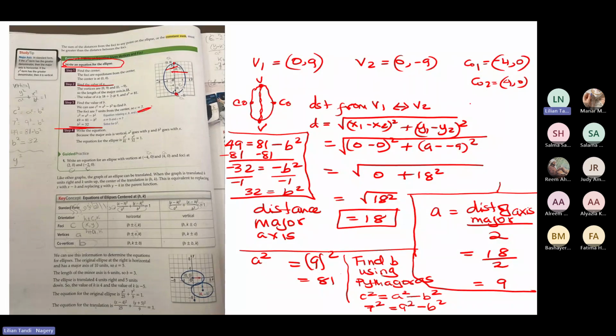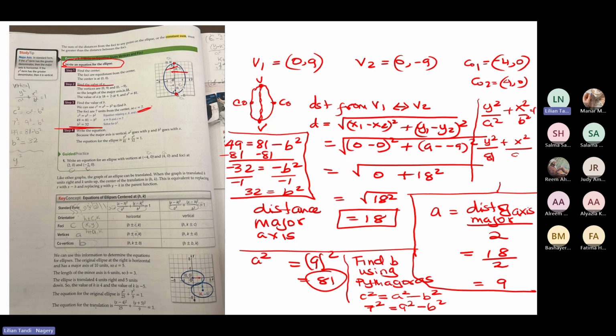Now, what does the rule say for the ellipse when it is vertical? Y squared over A squared plus X squared over B squared equals 1. Now the Y and the X stay. A squared is 81, I put it over here.